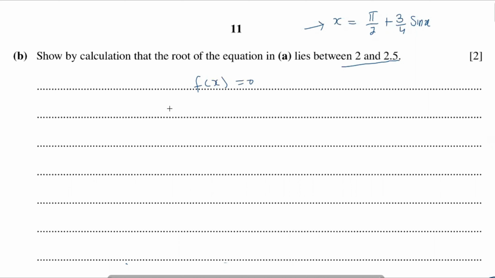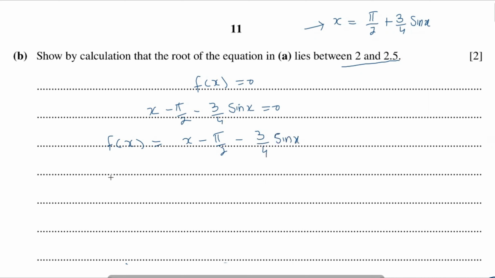Therefore, we can write it as x minus pi over 2 minus 3 over 4 sine x equal to 0. Therefore, f of x will be equal to x minus pi over 2 minus 3 over 4 sine x.